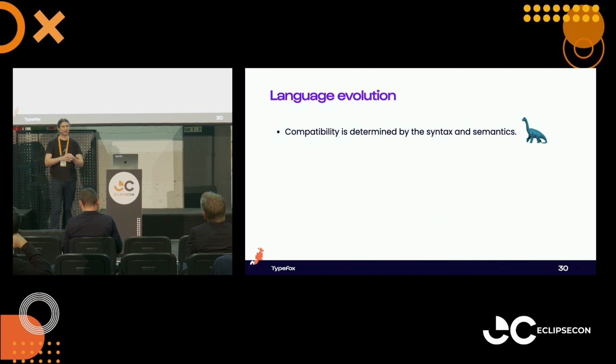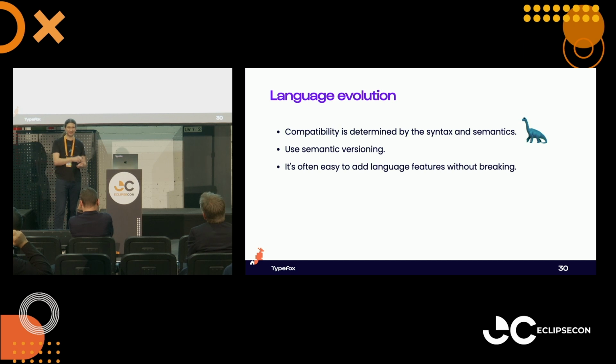So in your Langium code, for example, it can be regarded as implementation details and can be changed, which is very nice because you can change a lot of code without breaking the contract to the user as long as the syntax and semantics stay the same. Still, you should apply semantic versioning, of course, increasing your major version when you have a breaking change. But it's often easy to add features without breaking. So you can have more new functionality, like it's often seen also in programming languages.